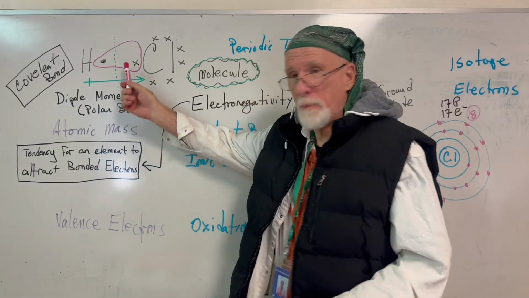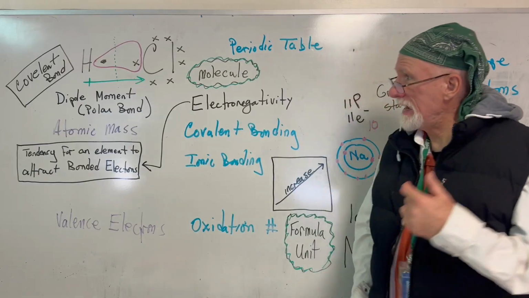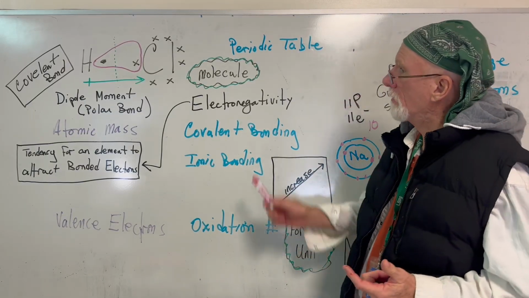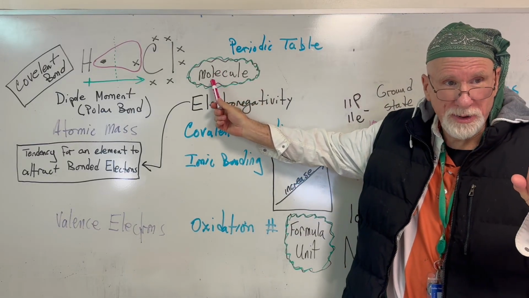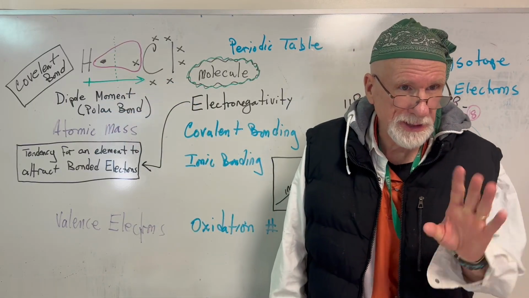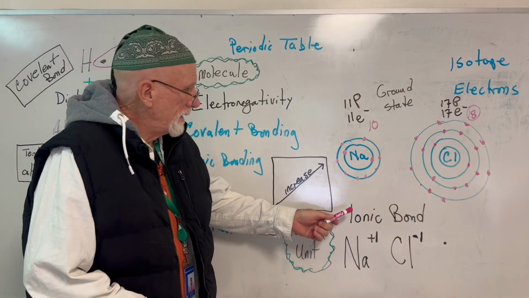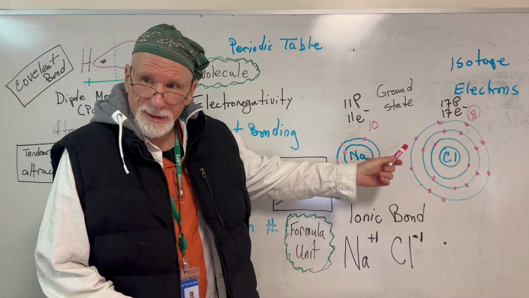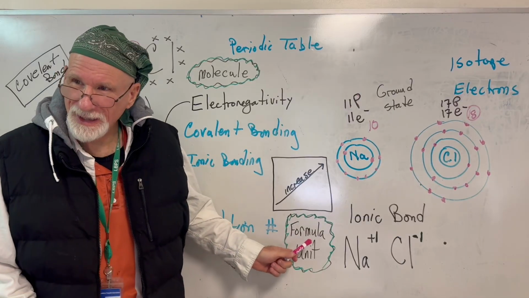Now, when you make a particle using covalent bonding, that individual particle is called a molecule. I wrote it here somewhere. Here, molecule. An individual particle as a result of covalent bonding is called a molecule. You get it? An individual particle that results in ionic bonding is called a formula unit.